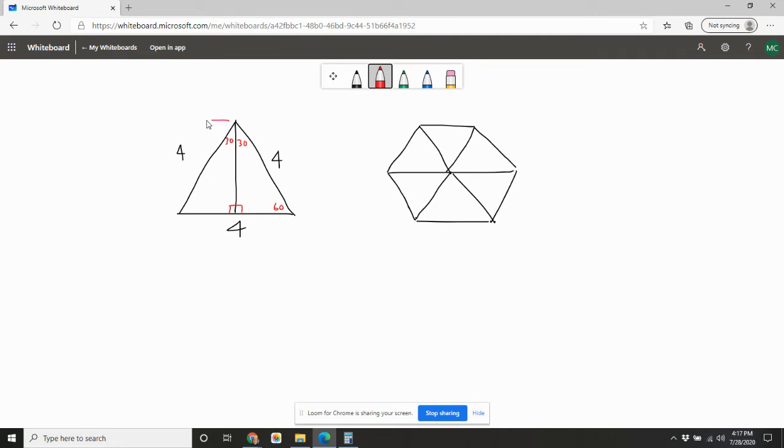So if I wanted to determine the height this way, I want to find out what that is, I can use the information we know about 30, 60, 90 triangles from our properties of triangles. A, C equals A times 2, and B equals A times the square root of 3.